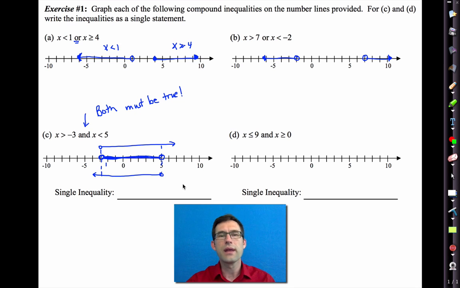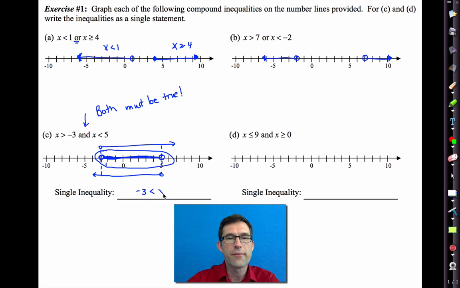Now, very often compound inequalities that involve and are written as a single inequality, because notice, there's really only a single chunk of the number line graphed. So we can actually write this in the following way. Now this is a little bit confusing, so let's make sure that you have it.